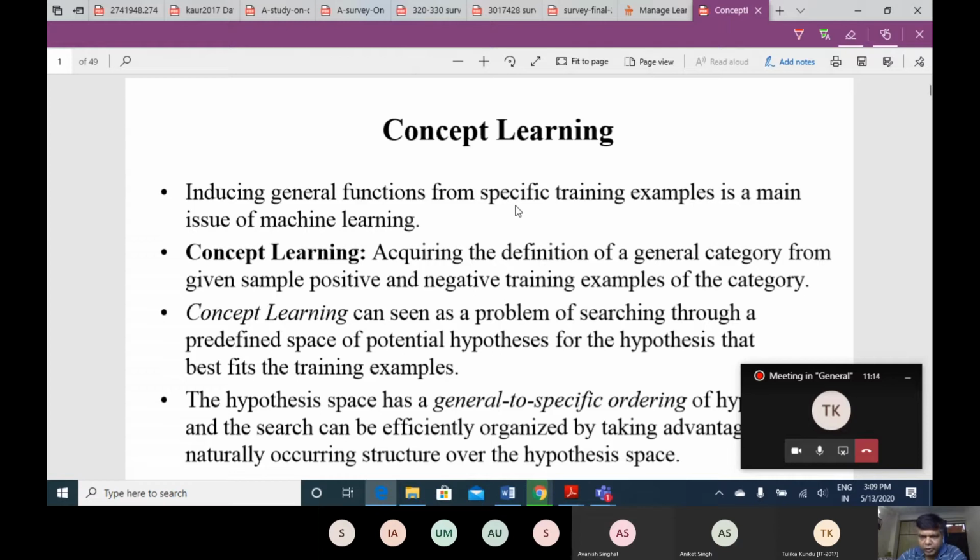I have just told you that for wings yes and can fly yes, and all other features set to no, it is an instance of a bird. But if wings is no and all other features are yes, maybe we will not classify it as a bird. We will classify it as an animal or non-bird.